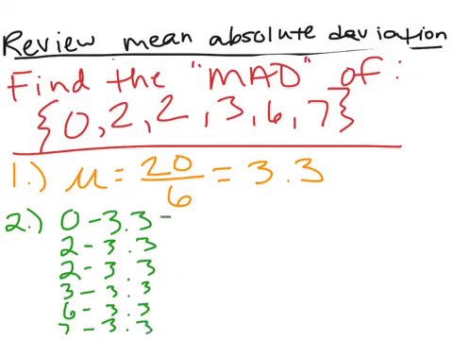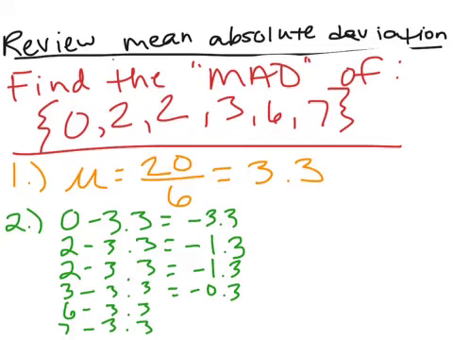Now I'm going to do all of those. 0 minus 3.3 is negative 3.3. 2 minus 3.3 is negative 1.3, and again 2 minus 3.3 is negative 1.3. Then 3 minus 3.3 is negative 0.3. 6 minus 3.3 is 2.7, and 7 minus 3.3 is 3.7.